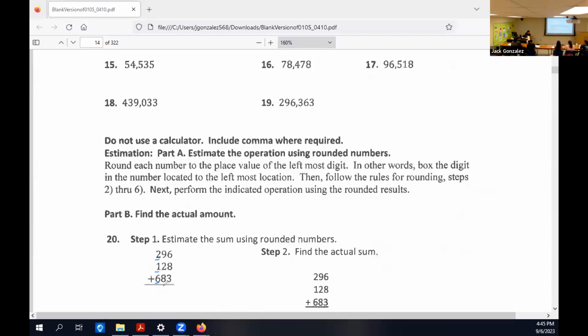Okay. So I underlined the ones you're gonna round. I didn't box it because I couldn't do it. But box the 2, the 1, the 6. Go to the right. Round them first and then add them. That's what they want you to do in step 1. Okay.